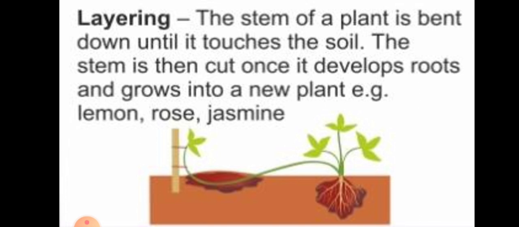There are majorly four ways to perform artificial vegetative propagation. The first one is layering.